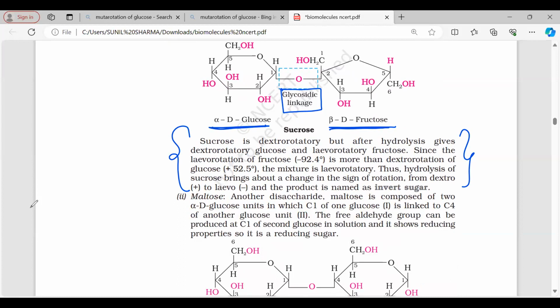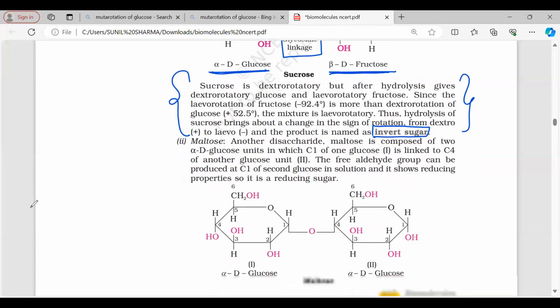So hydrolysis of sucrose brings about a change in the sign of rotation, that is from positive dextro to negative levo. This phenomenon is called inversion of sucrose, and hence sucrose is called invert sugar. Then you have maltose, no structure to be done.